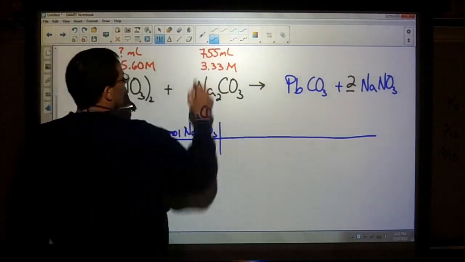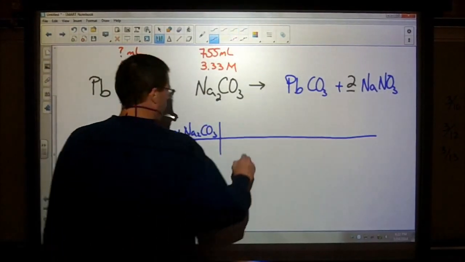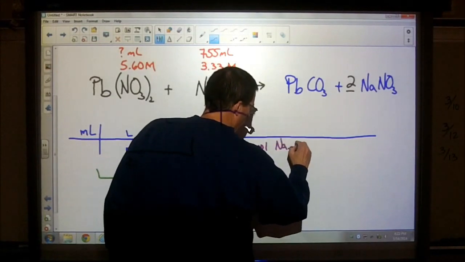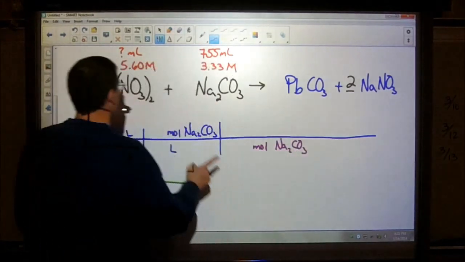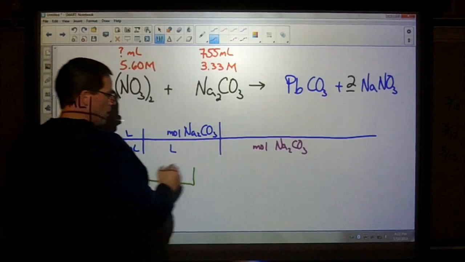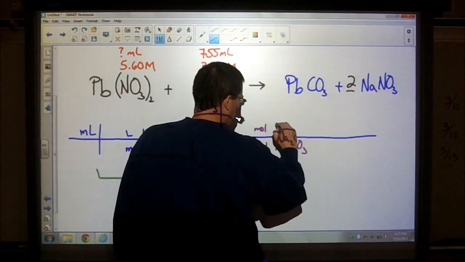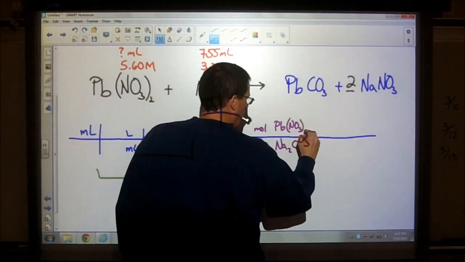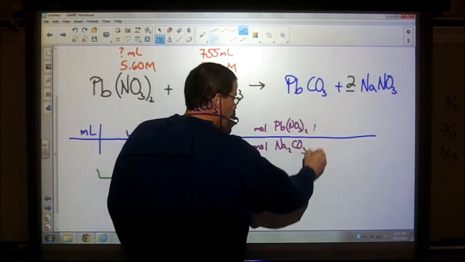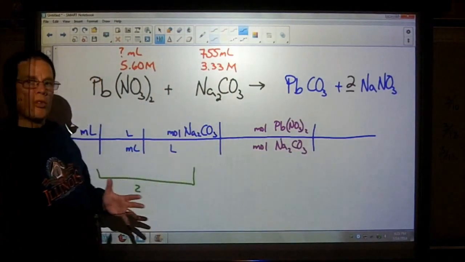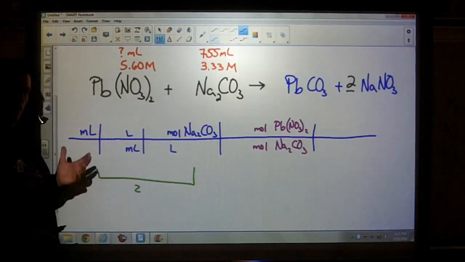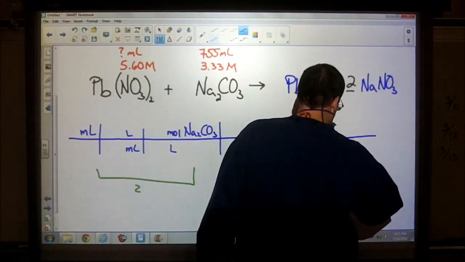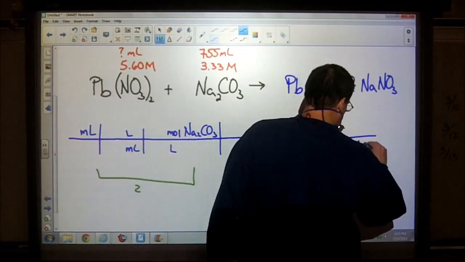Step 3, we want to get rid of our moles of sodium carbonate, the stuff that we started with. And we are looking for moles of lead nitrate. Okay. And if we stopped right there, we'd have moles of lead nitrate. But we're looking for volume. So again, we're going to take that mole of lead nitrate and move it diagonally.